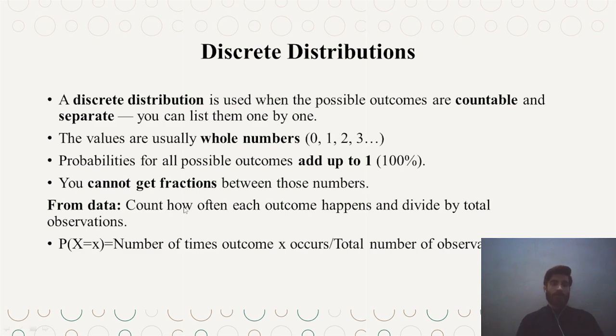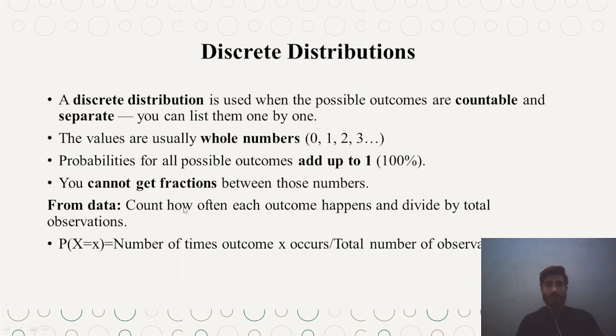So coming to distribution, discrete and continuous distribution. A discrete distribution is used when the possible outcomes are countable and separate, like the values will be whole numbers. Probability for all possible outcomes adds up to 1. Like we have discussed previously, it will be 0 or 1.